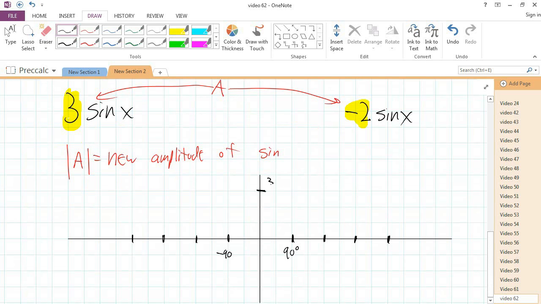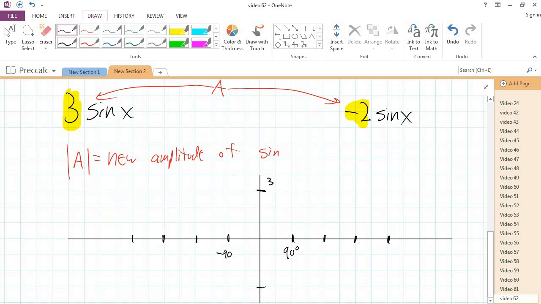Now, what's nice about this is, in the previous example, I used 3 blocks is worth 1. In this example, I'm using 3 blocks is worth 3, and that's okay.